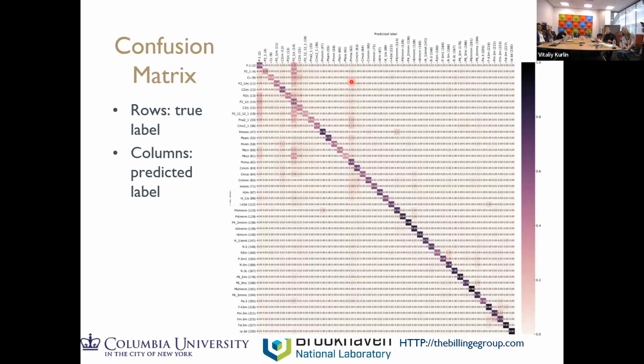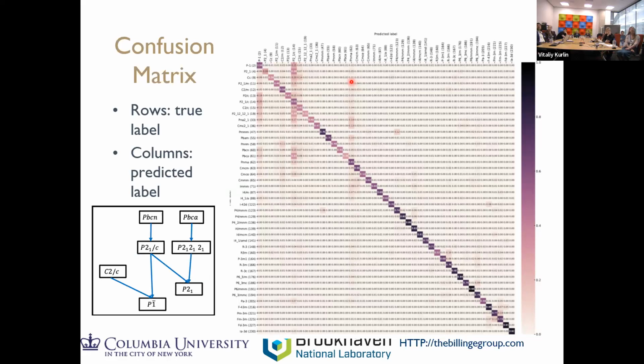And it turns out there was actually physics in that these misclassifications are all subgroups of supergroups. We could work out the subgroup-supergroup relationship from these teardrops of misclassification. We went back and looked at the literature on assigning space groups, and the space group algorithms that are done deterministically, not with machine learning, also have difficulty with these same things.